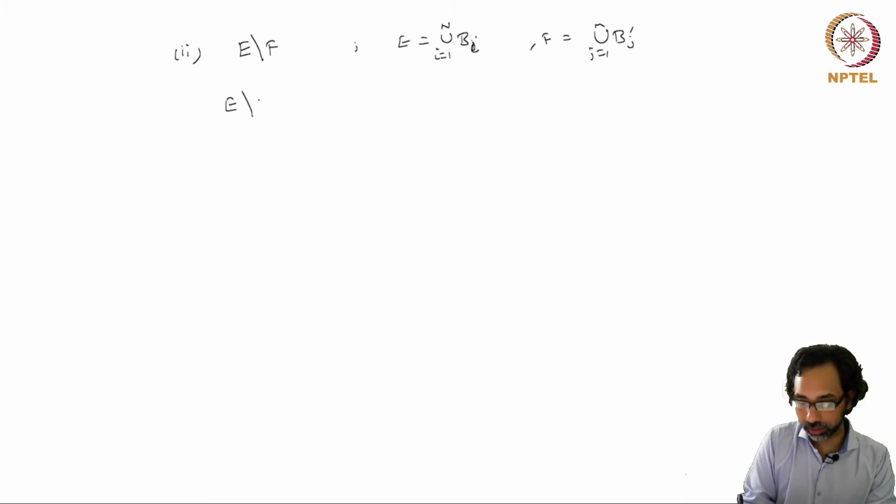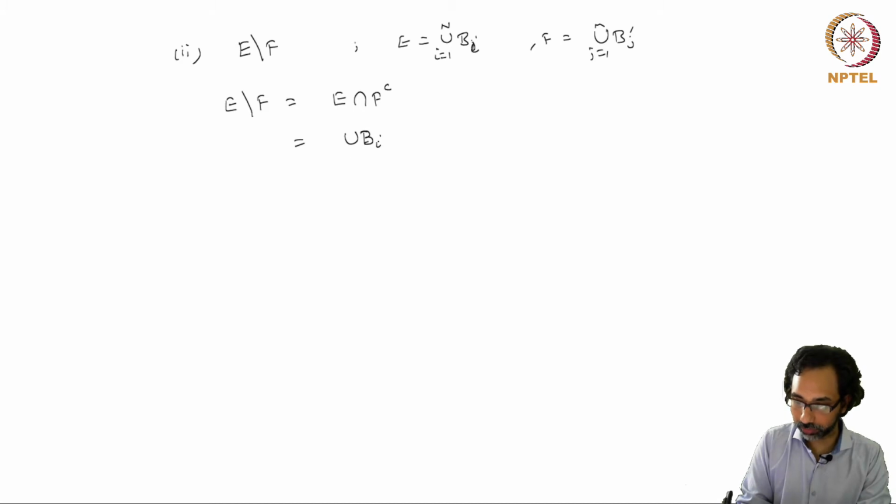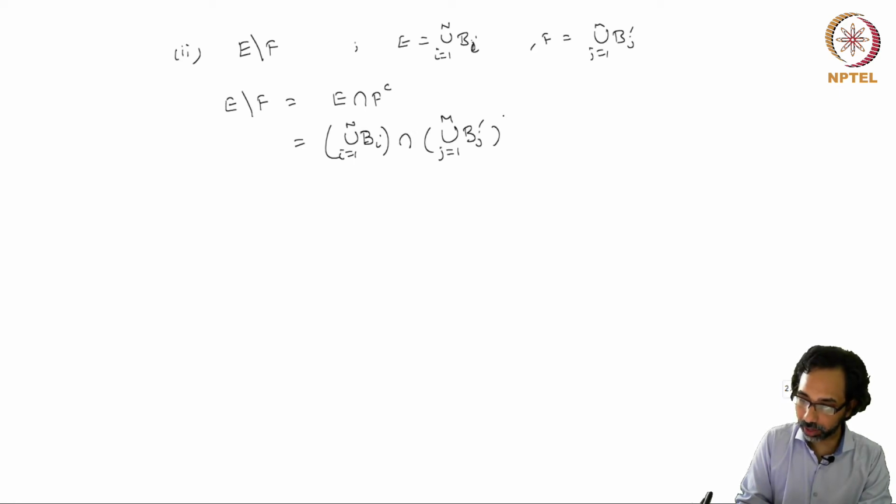Then the set minus is simply E intersection F complement. So you can write it as follows. The first one is simply the union of Bi's intersection with the union of j equal to 1 to m Bj prime, complement.